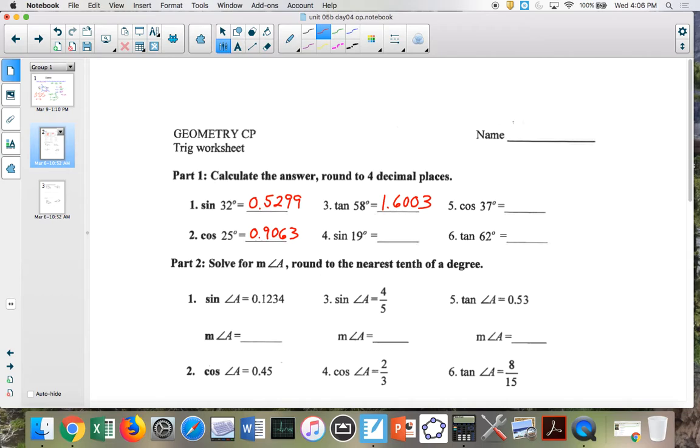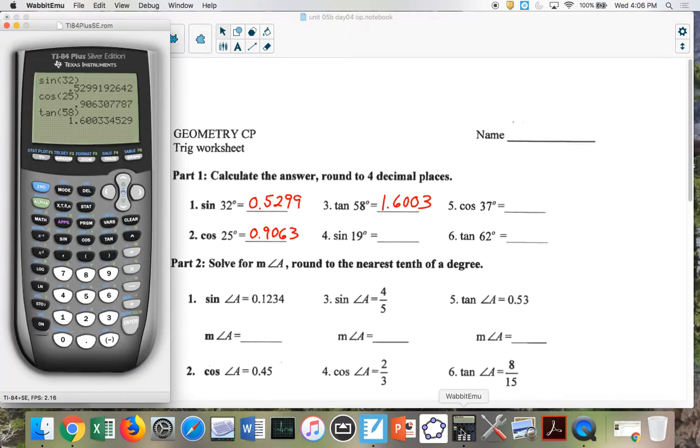All right, in part 2, they're telling us what the answer is, but we have to find the angle. So that's where you use the inverse function. So I'll show you what I mean by that. For number 1, the sine of angle A is 0.1234.